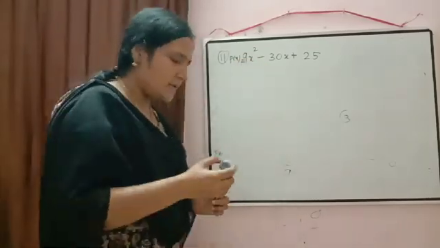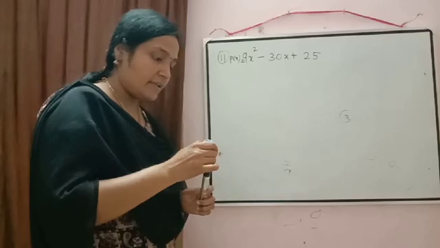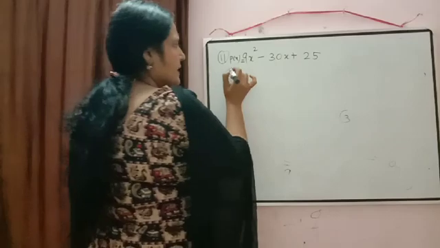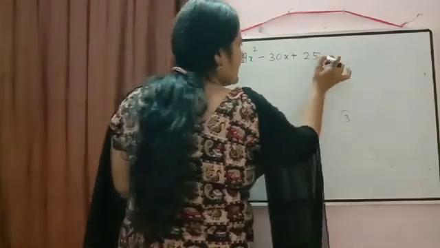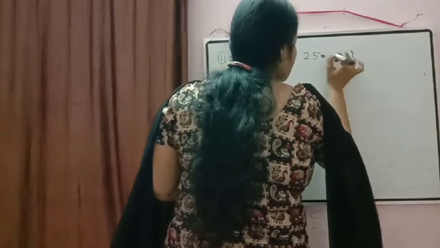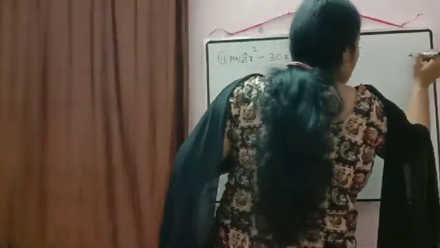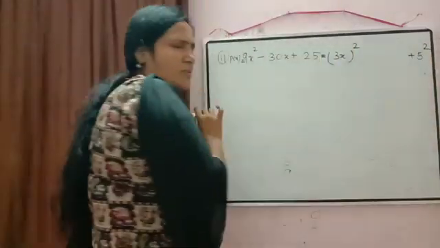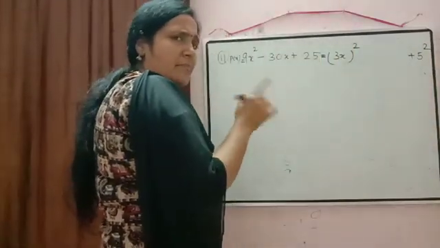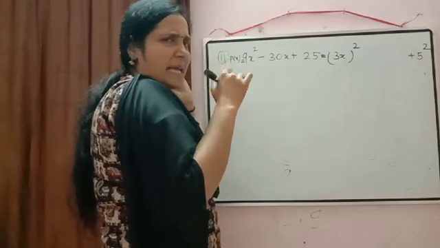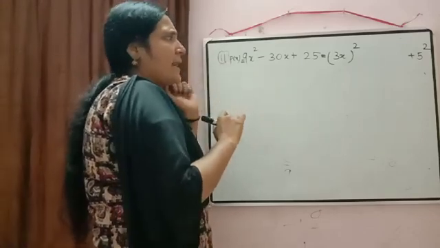The first term and the last term are in the form of a complete square. Correct. So now we can check whether we can use any identity here. 9x square can be written as 3x the whole square, and 25 can be written as 5 square. So always when the first term and last term are in the form of a complete square, chances are that we can use the identity.